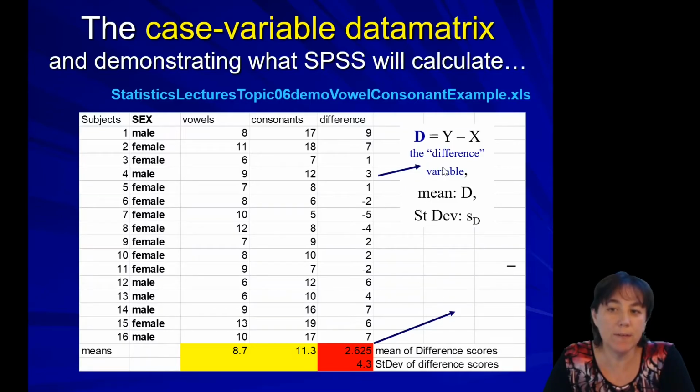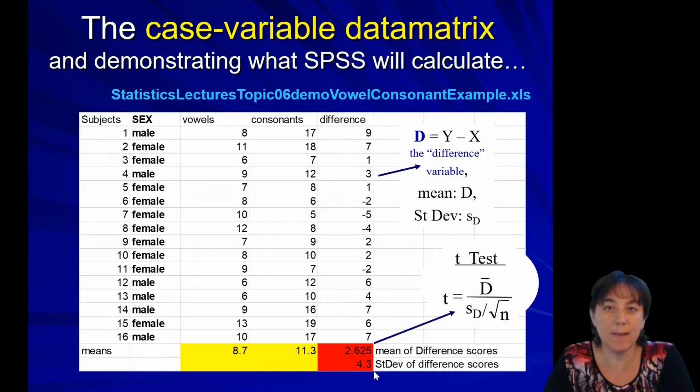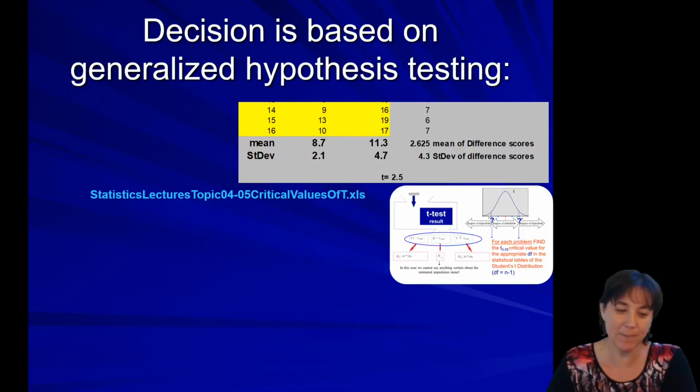The difference variable is calculated here in this column, and also the mean and the standard deviation for this column are calculated in the Excel, from which you can do a t-test by hand, but also in the Excel I've given the t-test formula so you can check your calculations.